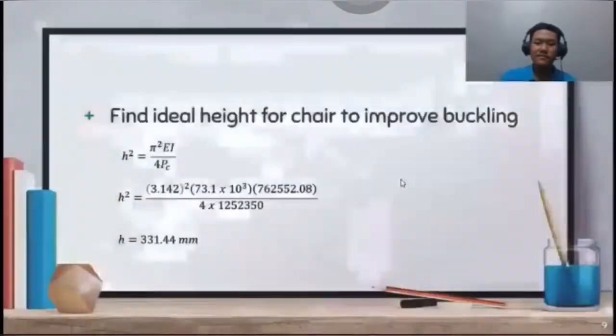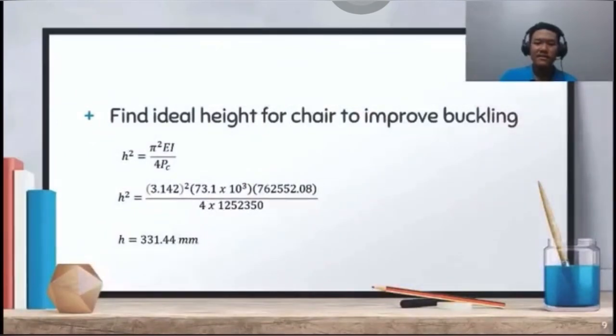So we need to find the ideal height for the chair to improve the buckling using the formula here. The original formula should be PC equal to pi squared EI over (4H) squared, but we rearrange it and put it here.